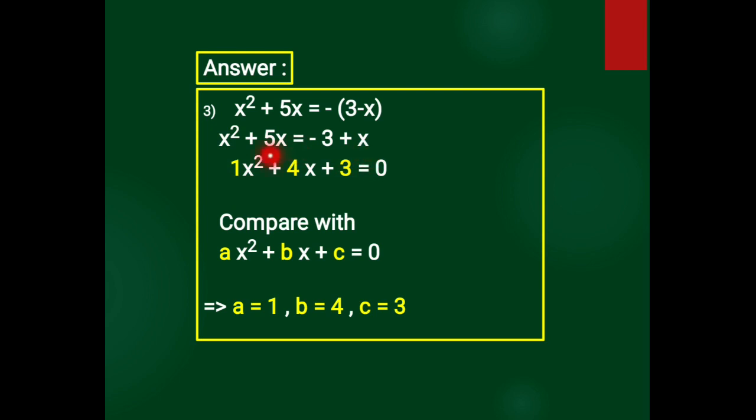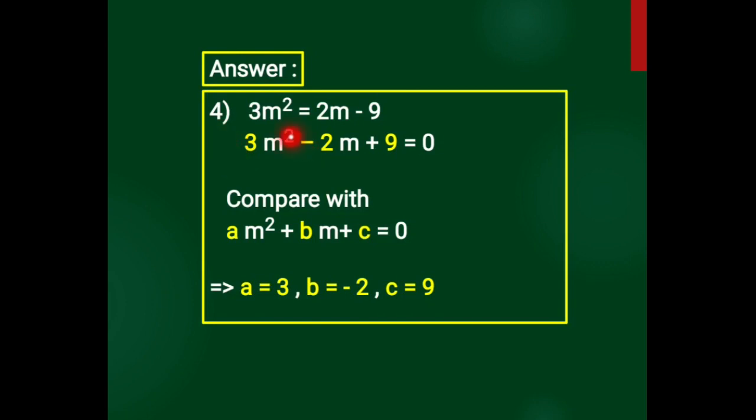Transfer this x to the left hand side, so 5x minus x which we write 4x. Transferring this minus 3 to the left hand side we get plus 3. So this is the required general form. So compare this with ax square plus bx plus c. After comparing we get a equals to 1, b equals to 4 and c equals to 3. So in this way, after comparing, we get the values of a, b, c as 1, 4, 3.